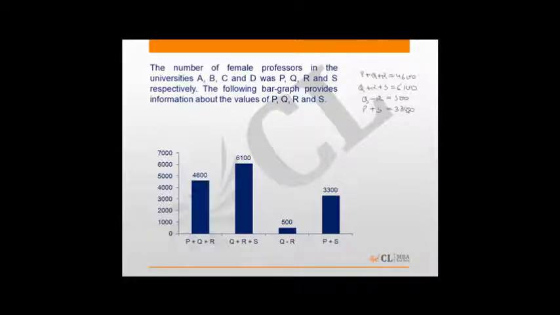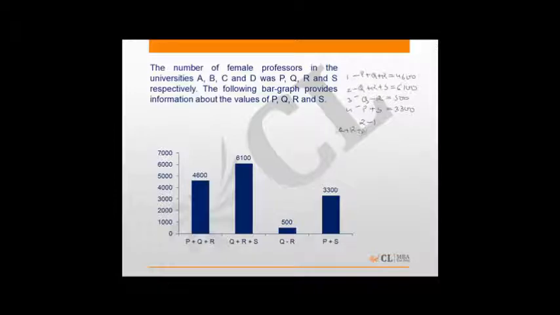I have four variables, and with the help of these equations I have to find out the value of each of P, Q, R, and S. Now, I'll mark them as equation 1, 2, 3, and 4. If I subtract the first from the second, what will I get?